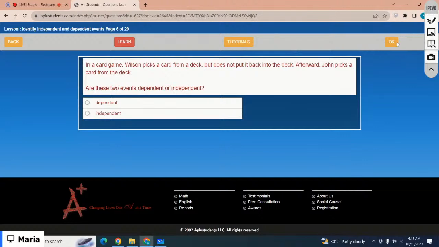So they are the dependent events because he does not put the card back, so they are the dependent events, right?